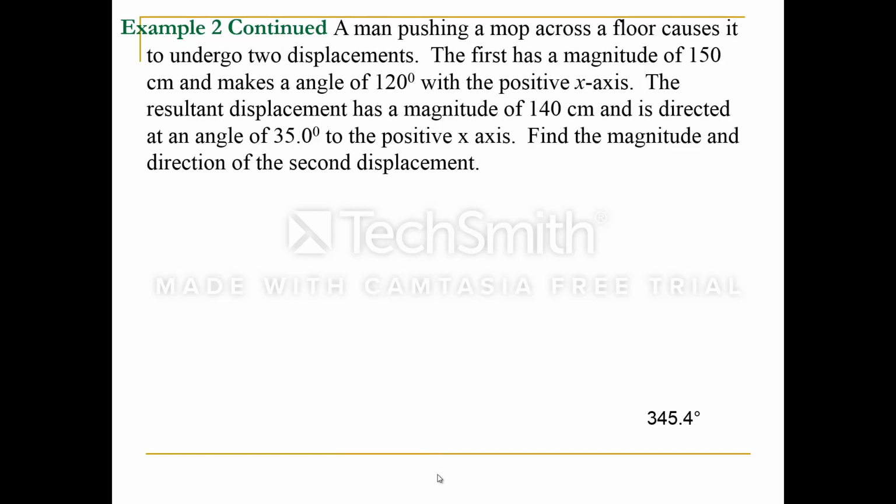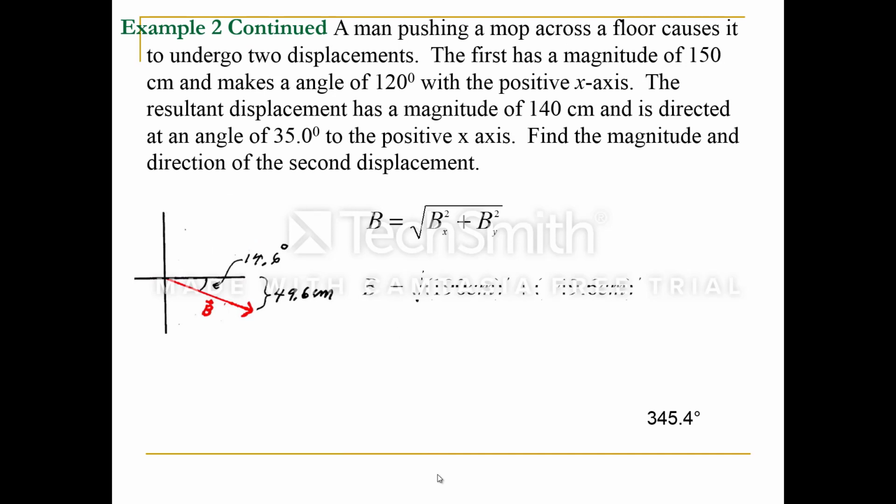So now I have to do Pythagorean theorem with my x and my y components. So what I did is I took that vector B, and instead of leaving it arbitrarily off the end of A, I put it where it would belong if I was just drawing that one vector. So I started it at the origin.